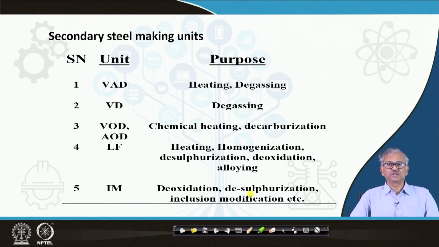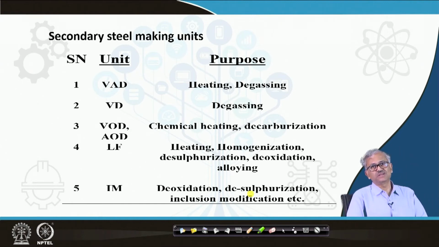That is called injection metallurgy, because in most cases you cannot dump the alloying element or the calcium powder at the top. Calcium is highly reactive and also volatile, so if you just dump it on the surface, it will not be utilized. So for highly reactive and volatile material that you want to react with the steel, you have to inject it rather than dump it at the top. That is why injection metallurgy came.